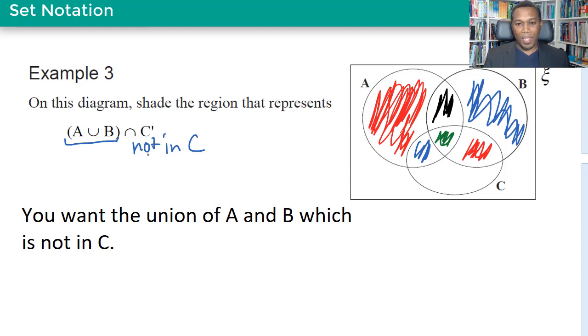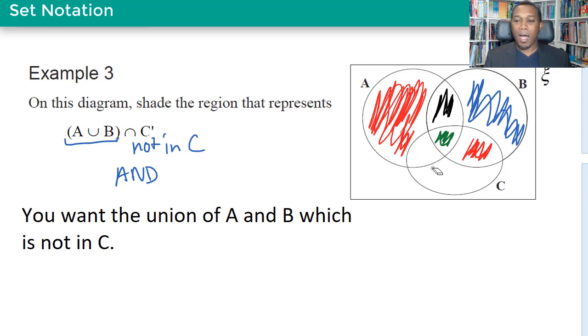But then what we're saying here is we want all of A union B, so we want these 6 sections except the sections that are in C, because the additional criteria is and not in C. So what I need to do is remove the sections of A union B that are in C. This has to go.